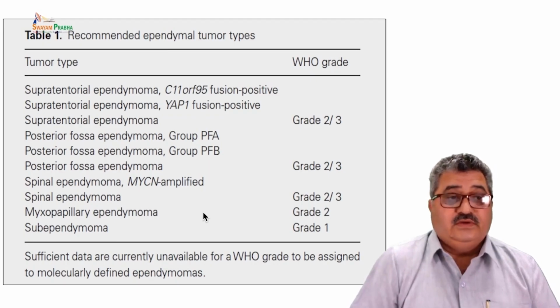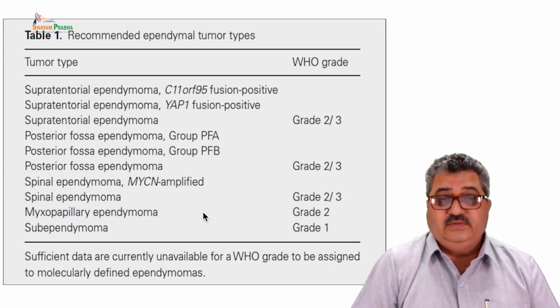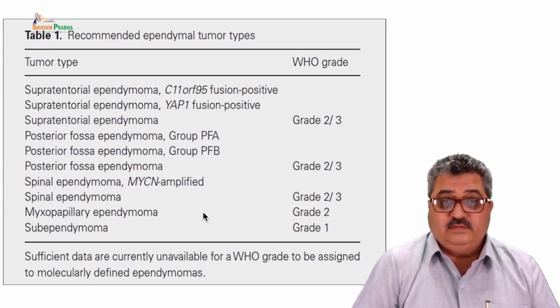What WHO recommends in the upcoming WHO book is that the supratentorial ependymoma should be classified as C11orf95 or ZFTA fusion positive or YAP1 fusion positive. They should not be graded into grade 2 or grade 3. If both are negative, then one can give grade 2 or grade 3 for ependymoma in the supratentorial region.